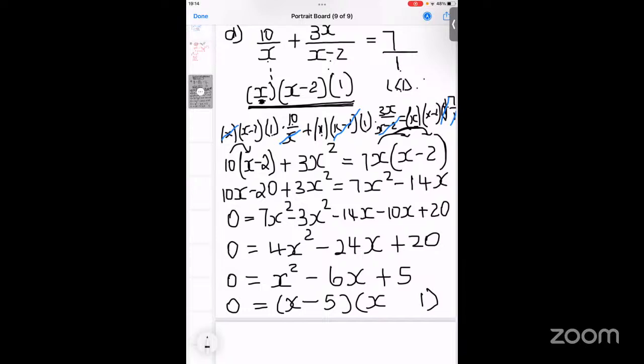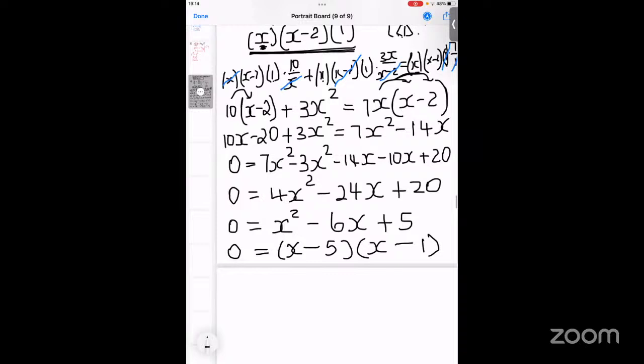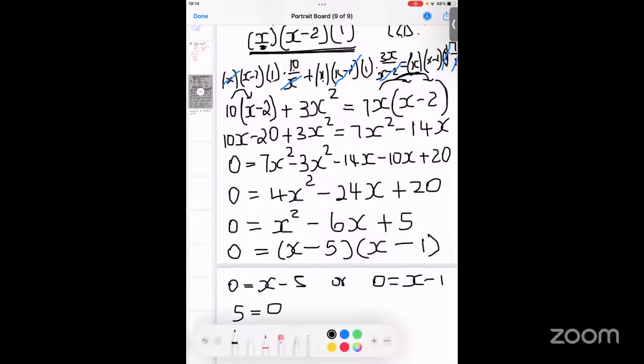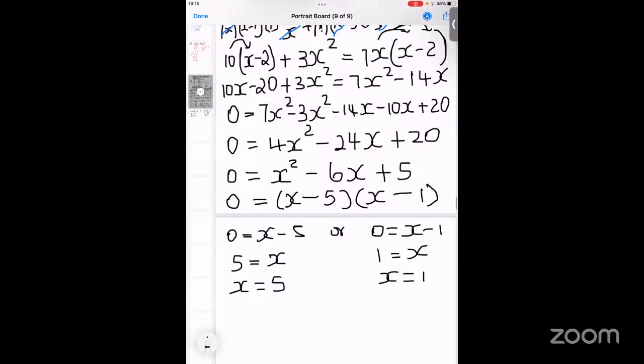So that means you've got your 0, which is equal to x minus 5. So you can take your 5 to the other side. It becomes positive 5, which is equal to x. And you can rewrite it nicely and say x is equal to 5. Then take the 1 to the other side, it changes the sign, and then you can see x is equal to positive 1.